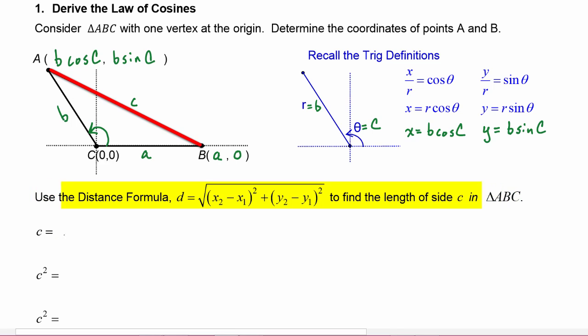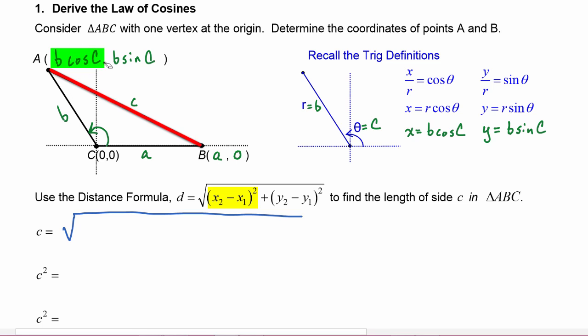So c will be the square root of the x-coordinate at A, which is b cosine C, minus the x-coordinate at B, which is a, and we square that, plus the y-coordinate at A, which is b sine C, minus the y-coordinate at point B, which is 0, and we square that quantity.